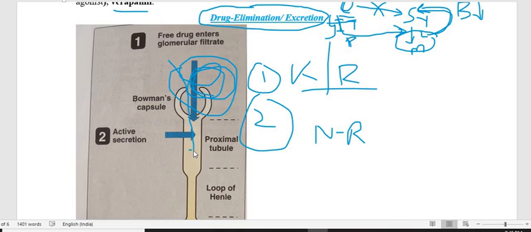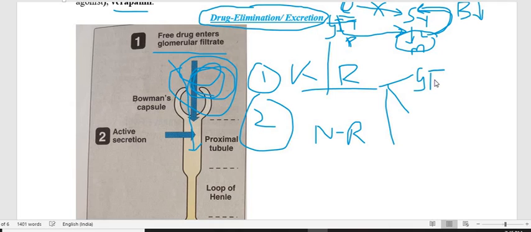This process is called glomerular filtration, and the filtrate is called the glomerular filtrate. Through the kidney, the drug has to be eliminated or excreted by three processes, and the first is glomerular filtration.